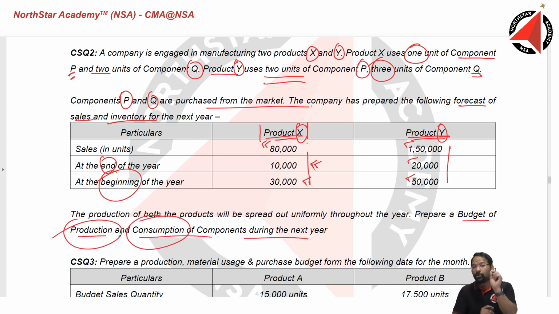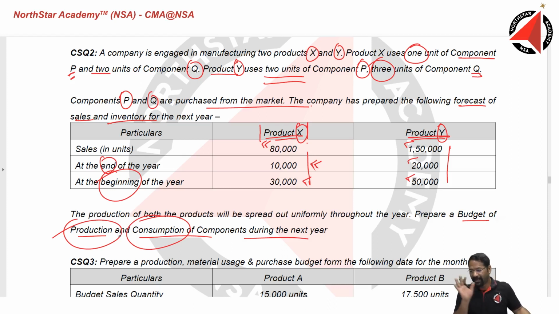Now first, to prepare a consumption budget, what do I need? I need to know the production budget. Very good. And to prepare a production budget, I need to know the sales budget.